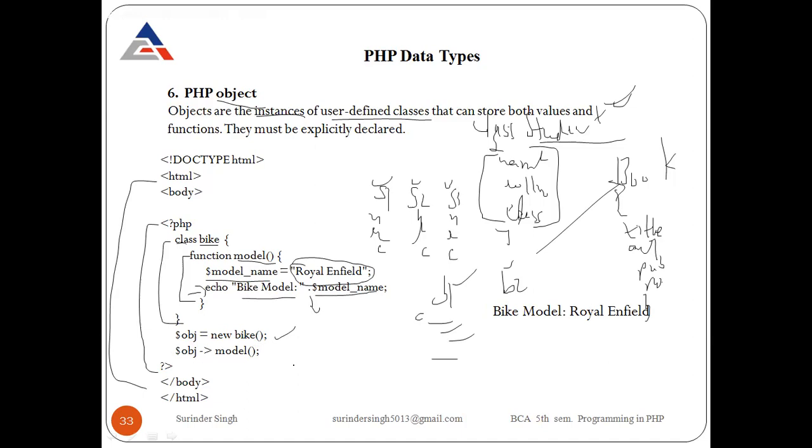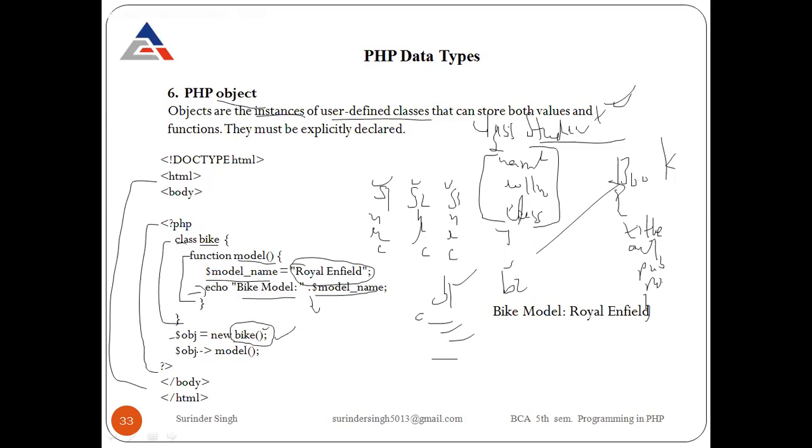Here we have created an object of the bike class. The syntax for creating an object of a class: first the object name, equals new, then the class name with brackets. What does it mean? It is a constructor. And what is the purpose of a constructor? To initialize the object when it is created. Initial values will be assigned when the object is created.